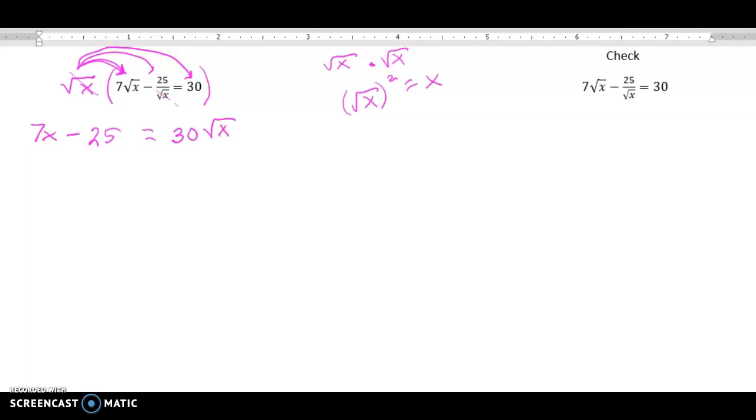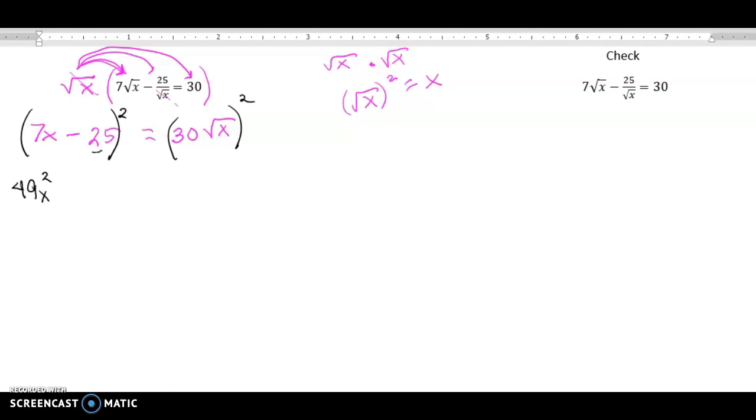Okay, so I want to try to isolate, well, it's already isolated. My radical is isolated, so I'm going to square both sides to cancel out my square rooting. So I have 7x minus 25 squared. Remember my shortcut. Square the number on the left, which would be 49x squared.